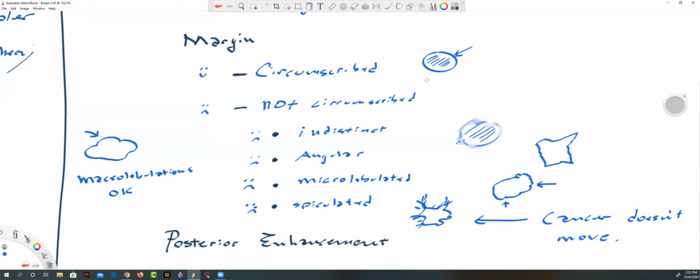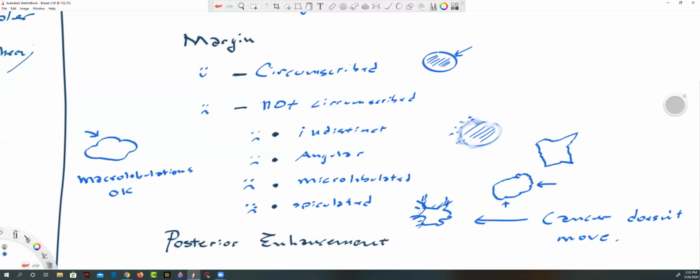If it's a cyst, obviously it's a simple cyst. But if it's a solid tumor that's well circumscribed, good sign. Not circumscribed, indistinct, bad sign, because basically cancer cells are growing out, and so you can't see a distinct wall.